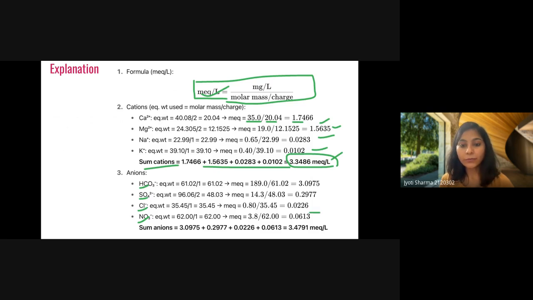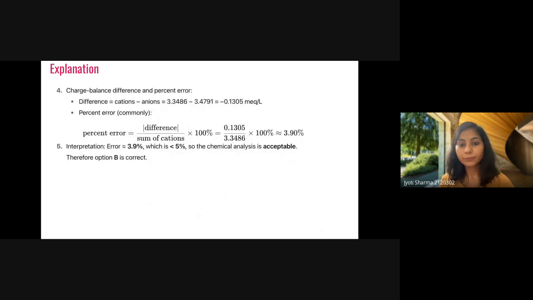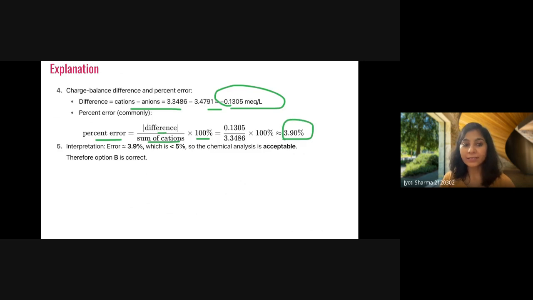Okay, then we are calculating the difference between cations and anions. So this will be this much. And if we are calculating the percentage error, then this will be the difference divided by the sum of cations multiplied by 100. So the difference is near 3.90.